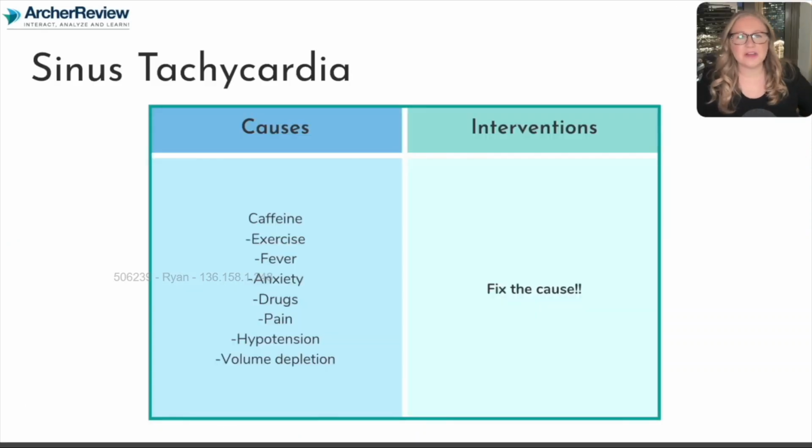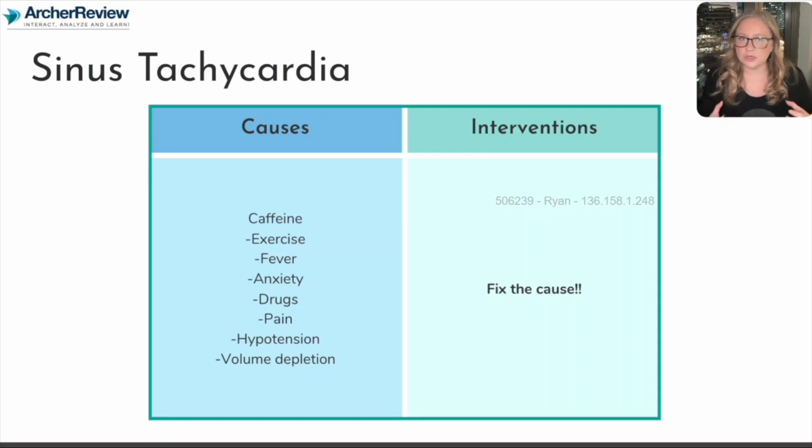So what can cause sinus tachycardia? Well, there are even more causes here than there were with sinus bradycardia. Caffeine, exercise, a fever, anxiety, pain. These are all very common causes of sinus tachycardia. It could also be something a little bit more dangerous. Hypotension and volume depletion are something I want you to be very aware of as potential causes of sinus tachycardia.